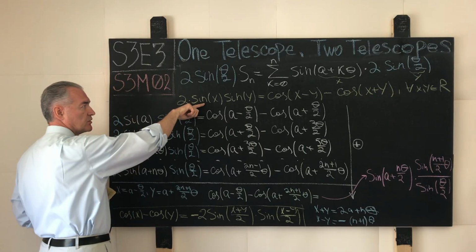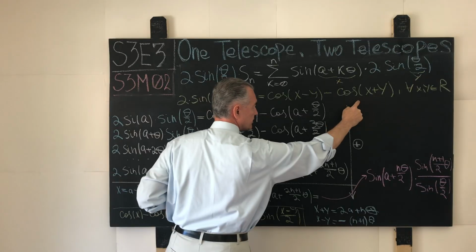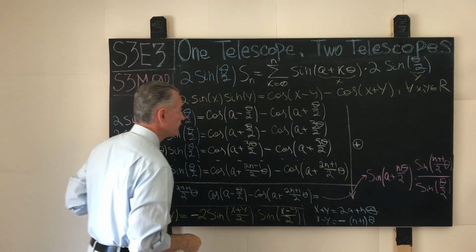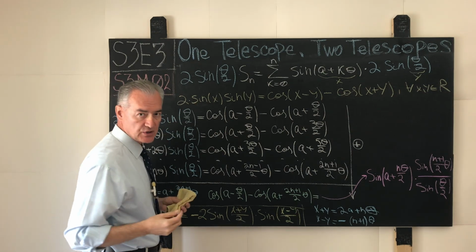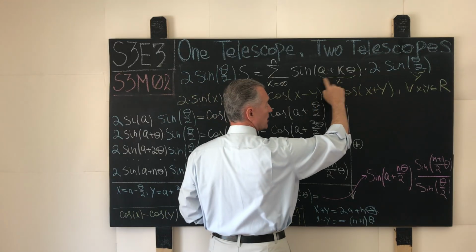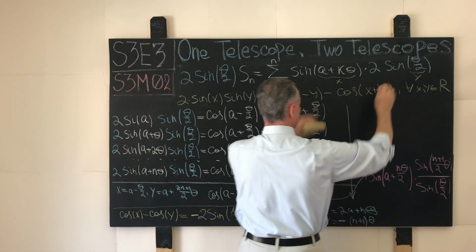Then we use the following product to sum identity that holds for all x, y real, and we use this identity in order to spell out the terms of the modified sum on the right hand side by looking at each summand shown over here, this guy.